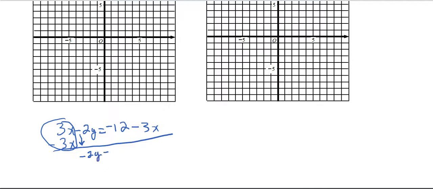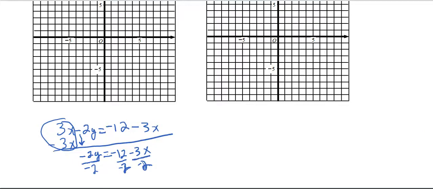-2y equals -12 minus 3x. Now we need to divide by the coefficient of y. So if we divide anything, we divide everything. So -2, -2, and -2.